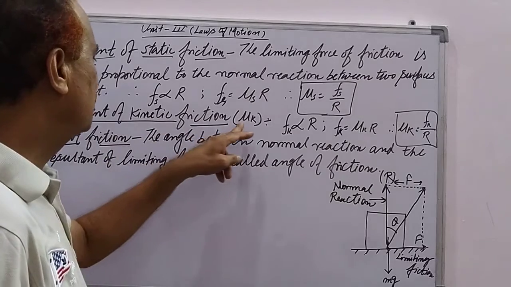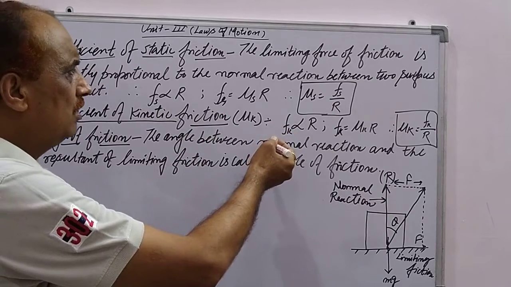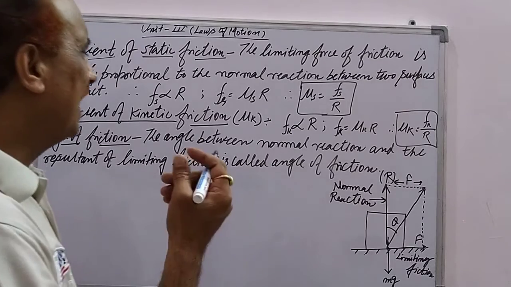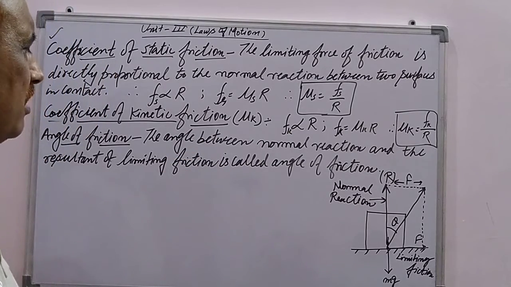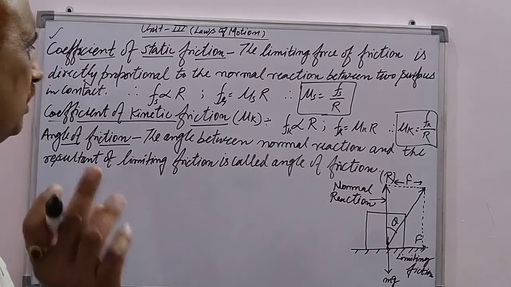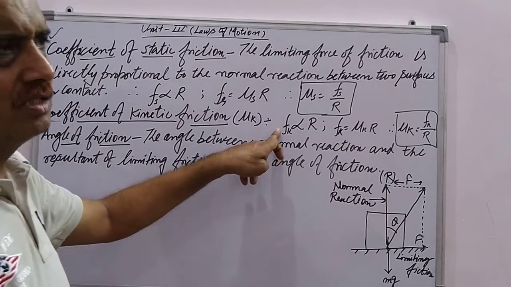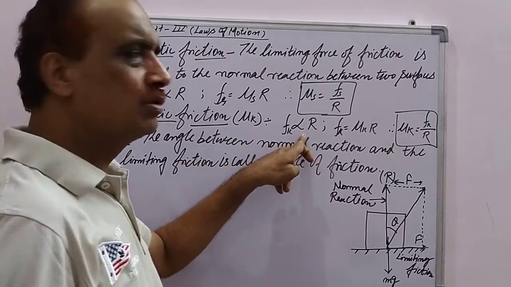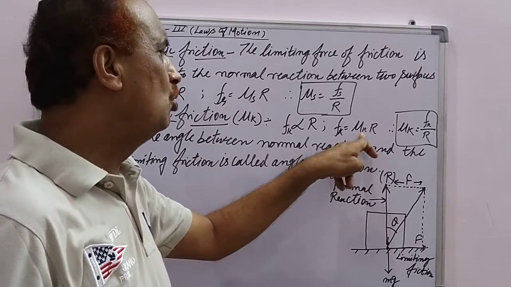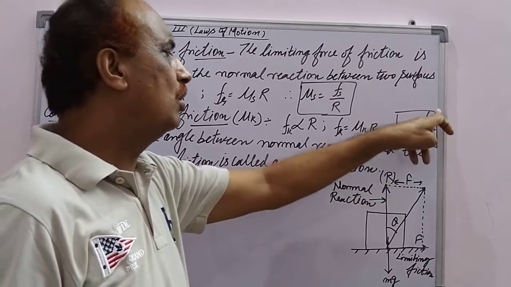The limiting force of kinetic friction is always directly proportional to the normal reaction between the two surfaces in contact. Therefore we can write Fk, the kinetic friction, is always proportional to the normal reaction, and Fk is equal to some constant, that is mu k, into R. Mu k is the coefficient of kinetic friction, so mu k will be equal to Fk upon R.